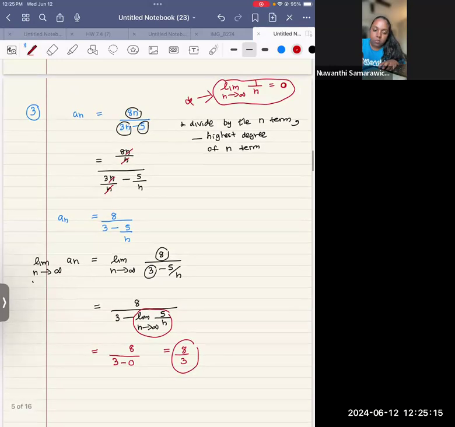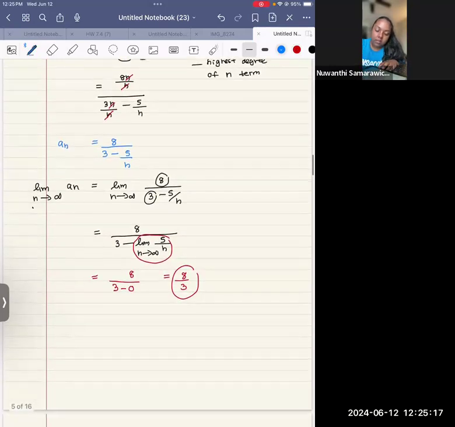Okay, so since when n approaches infinity we get a number, then we can say the sequence converges.